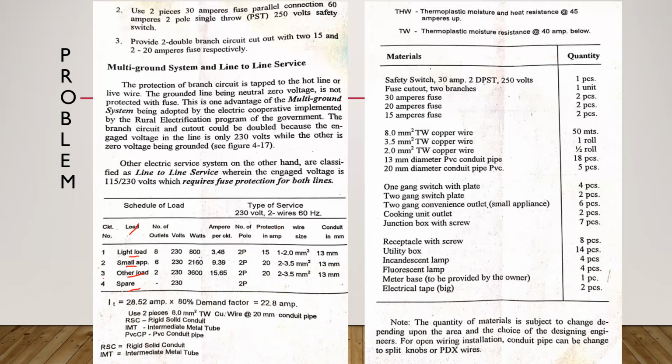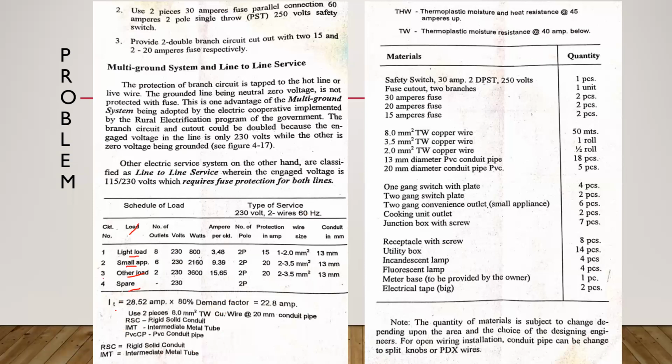Okay? So yung na-compute natin na protection fuse, ampere fuse is 15 amperes sa circuit number 1. Number 2 and 3 is 20 amperes and 20 amperes. And then yung size ng wire, paki-input dito. And conduit, size ng conduit, paki-input dito. Okay? And then sa baba ng ating schedule of loads, dito natin ilalagay yung computation para din sa ating service entrance.